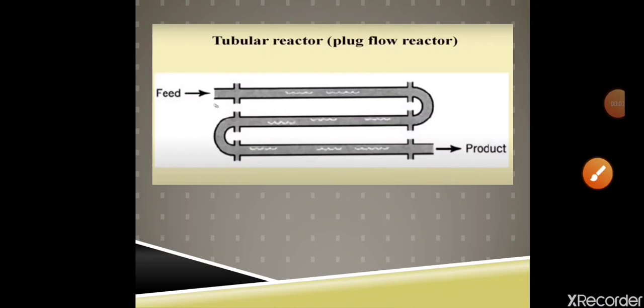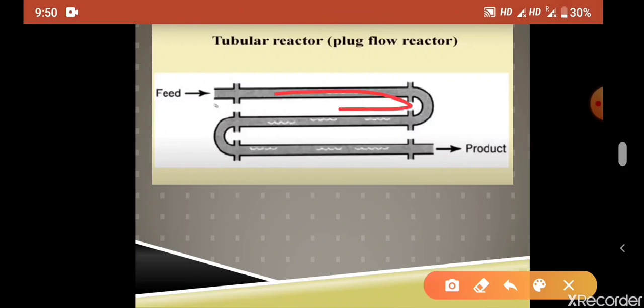Now plug flow, in chemical engineering language we call it piston flow. Piston flow means when liquid flows through the pipeline, there should not be any kind of velocity gradient due to the friction effect between the fluid and wall.